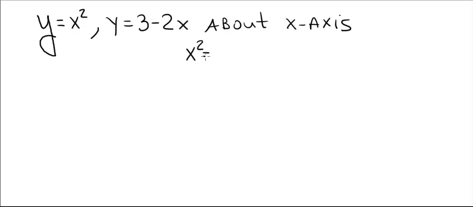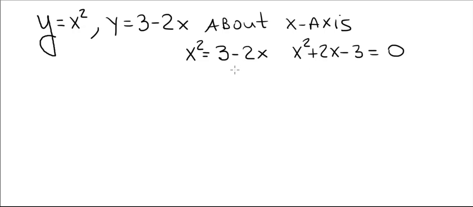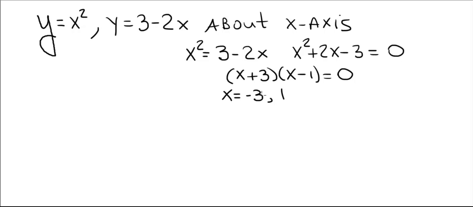We set x squared equal to 3 minus 2x, and this is x squared plus 2x minus 3 equals 0. This factors into x plus 3 times x minus 1 equals 0, and the x coordinates of the points of intersection are minus 3 and 1.